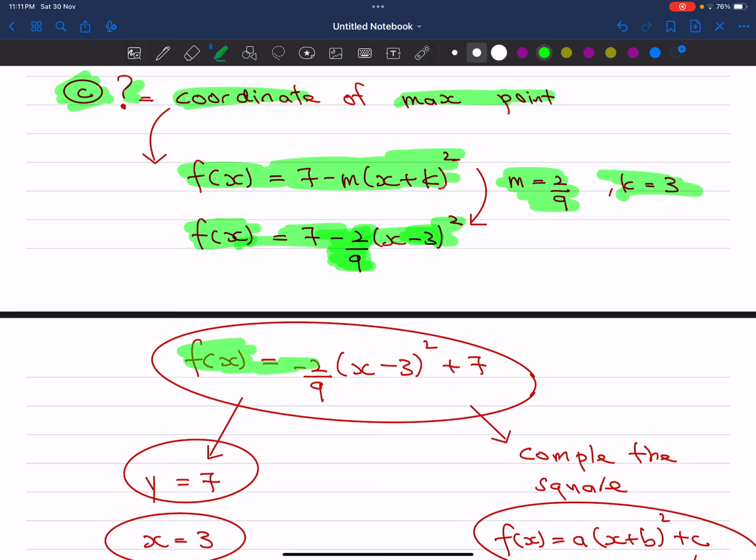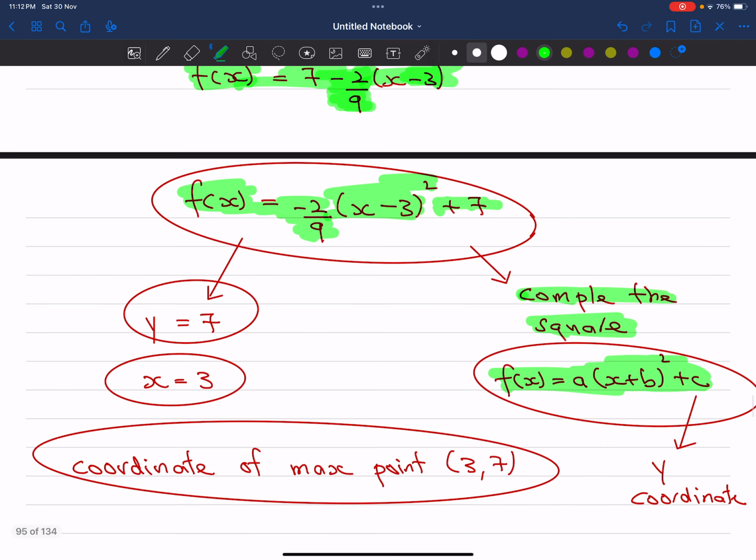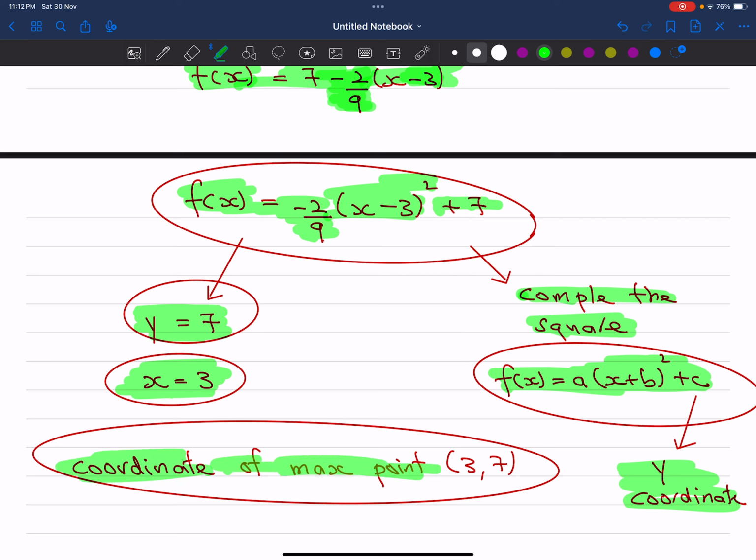So f(x) equals negative 2 over 9 (x minus 3) squared plus 7. Keep in mind that this was actually complete the square. f(x) equals a (x plus b) squared plus c, whereby c was the y coordinate. So I have the y coordinate 7, and the x coordinate already got. Therefore, the coordinates of the maximum point are x 3, y 7.